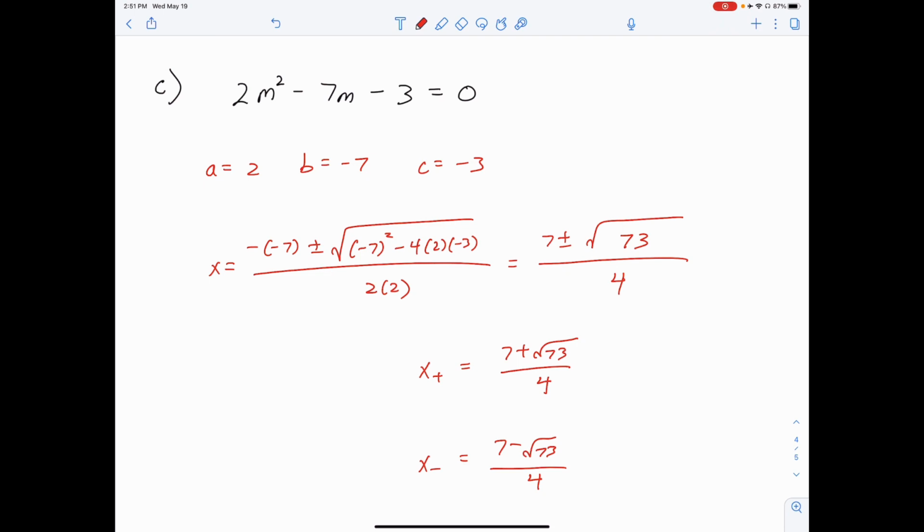If underneath the square root was a 0, then you just get the one answer, because if you plus or minus 0, it's the same thing, no difference. And lastly, if underneath the square root is a negative number, we know that you cannot square root negative numbers. So that would tell you that you would have no x-intercepts or no roots.